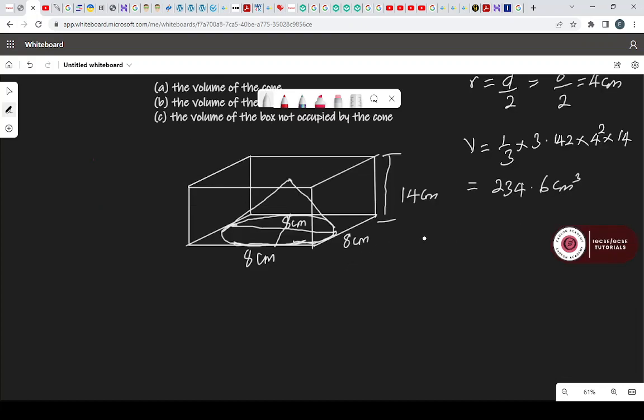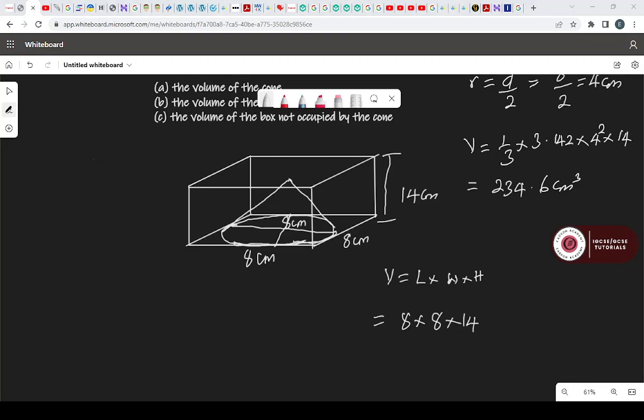Since this is a rectangular box or a square box, as the case may be, the volume is length times width times height. So the length is 8, the width is 8, while the height is 14. So that is 8 times 8 times 14.